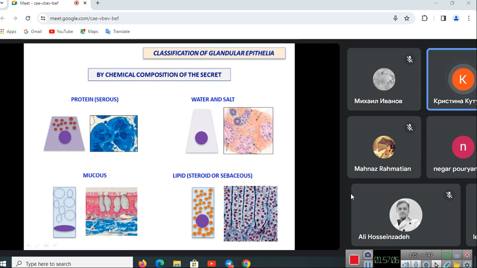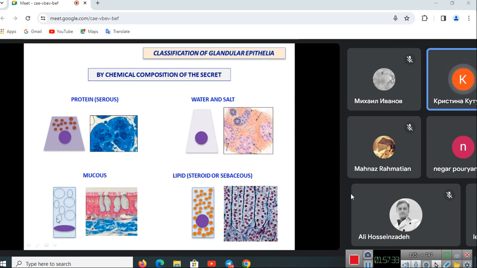Next, the mucus producing glandular cell. This is such a cell. It has a flattened cell nucleus located squeezed closely to the basal portion of the cell. Here should be the basal surface of the cell with the basement membrane below it. Why is the nucleus flattened and moved to the basal portion?